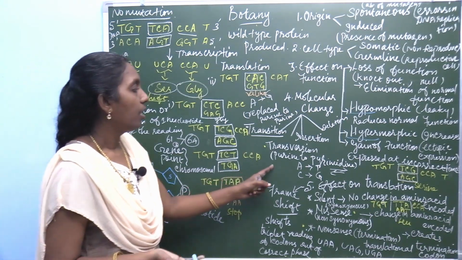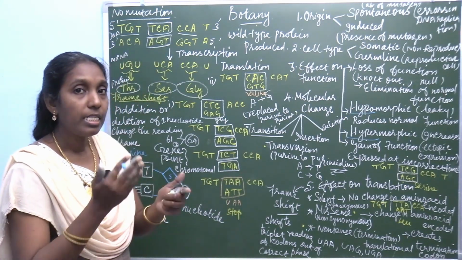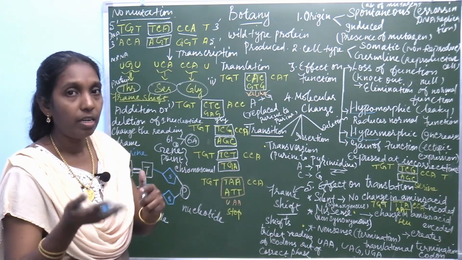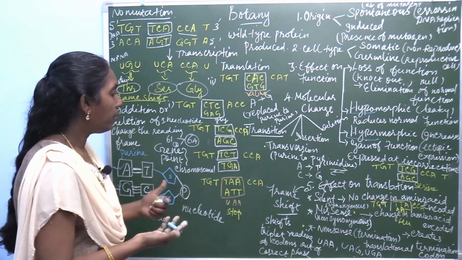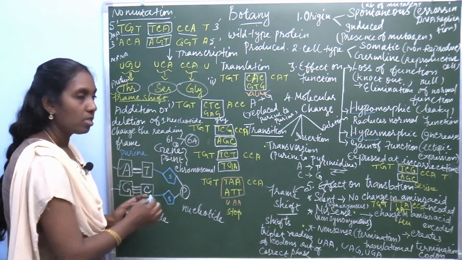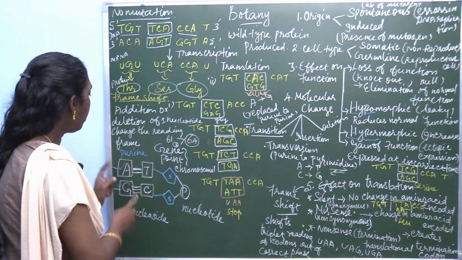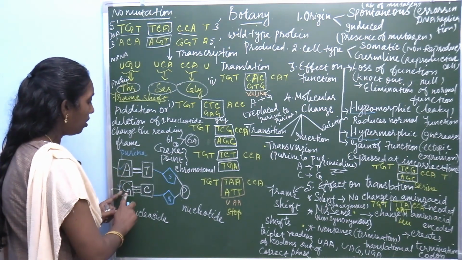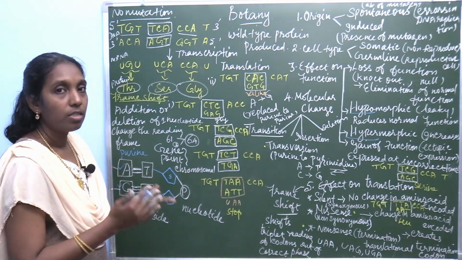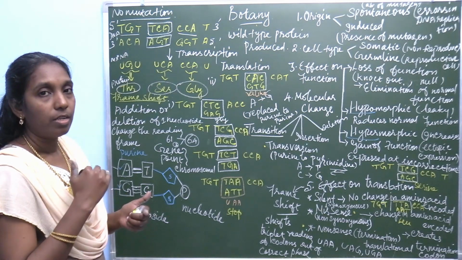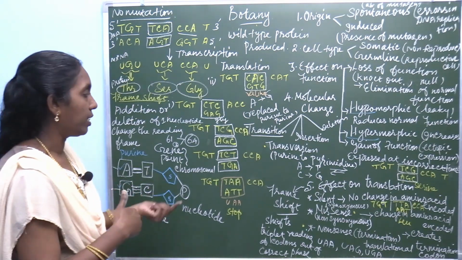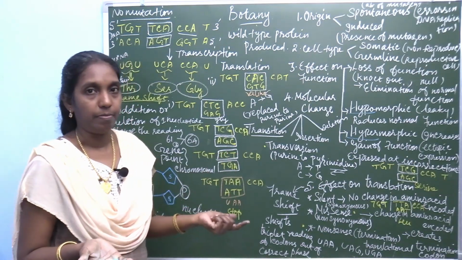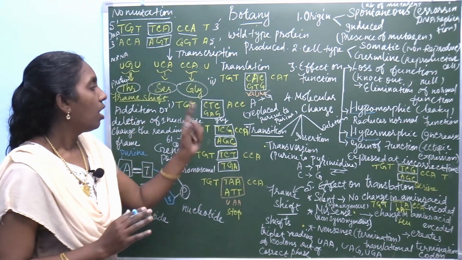Transversion: here, a purine is replaced by a pyrimidine or vice versa. Pyrimidines are thymine and cytosine. So A is replaced by T, or G by C, and vice versa. That is transversion. Don't confuse them.